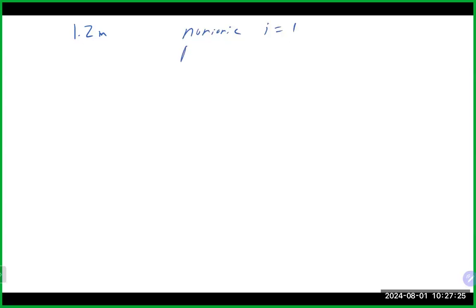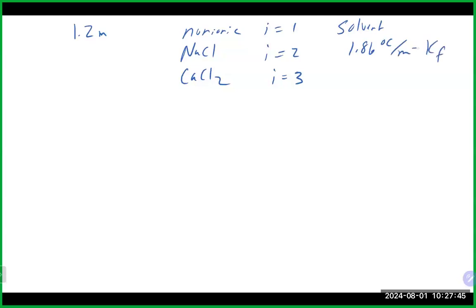Let's say we did it with sodium chloride where i would equal 2, and calcium chloride where i would equal 3 in this particular case. And let's say we were looking at the freezing point and we use water as our solvent for all this. So as we saw earlier, 1.86 degrees Celsius per molal is the Kf for water. And the normal freezing point obviously is 0 degrees Celsius, as we did before.